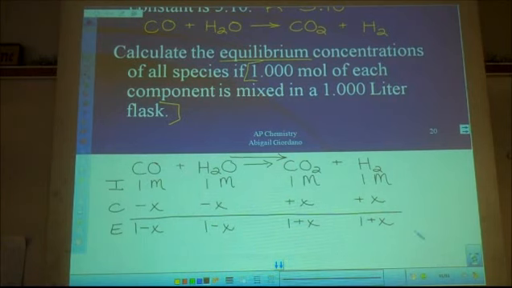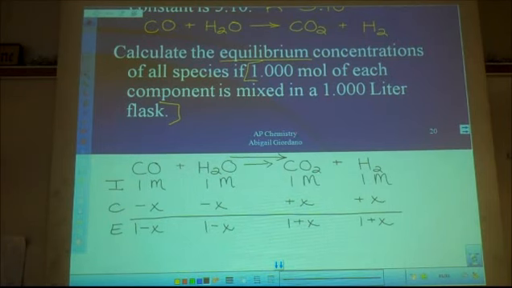Okay? Now, just keep in mind what this represents. These are the equilibrium molarities of each of these components. And that's what I'm asked to solve for. The problem is, I don't know what X equals.